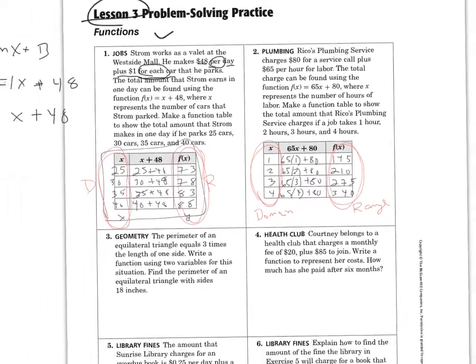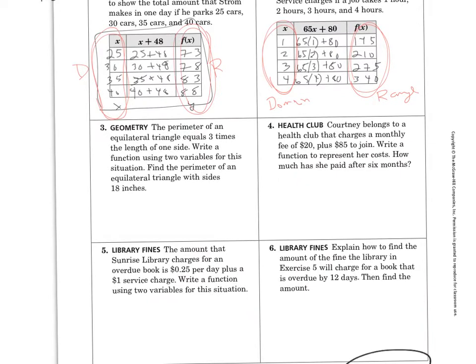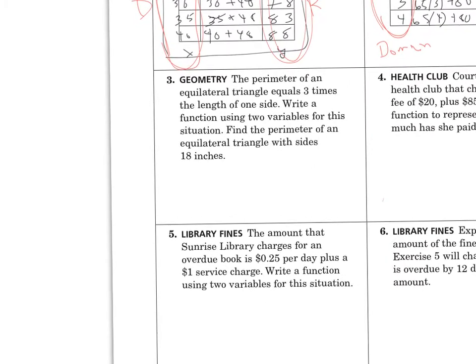Next problem, geometry. The perimeter of an equilateral triangle equals 3 times the length of one side. Write a function using two variables for this situation. Find the perimeter of an equilateral triangle with sides 18 inches.